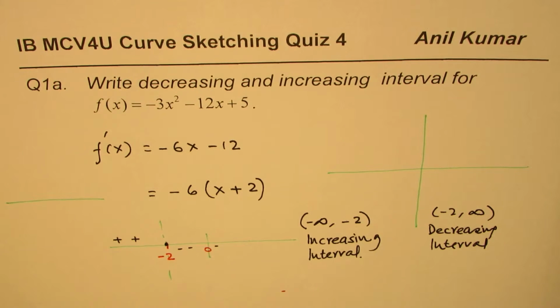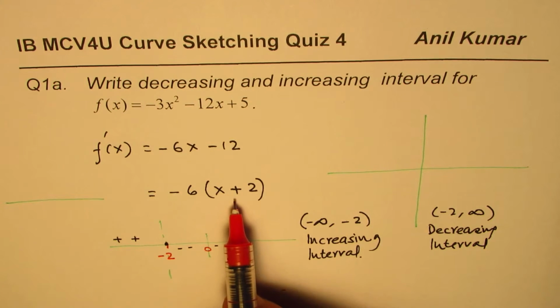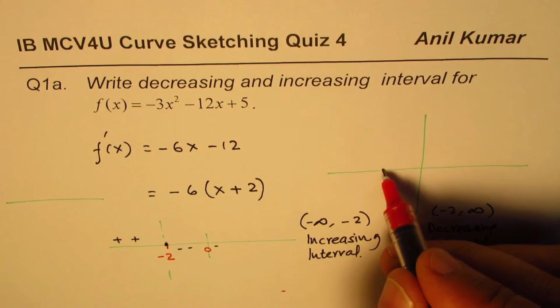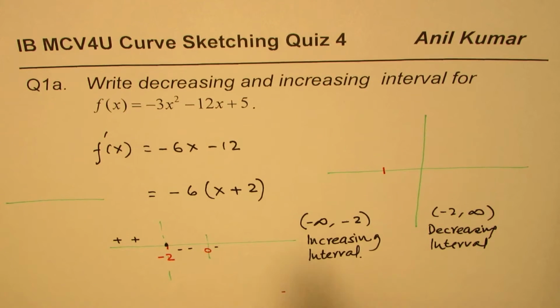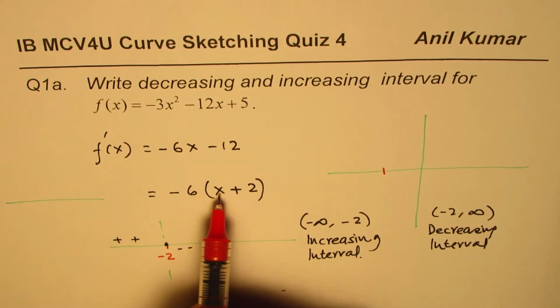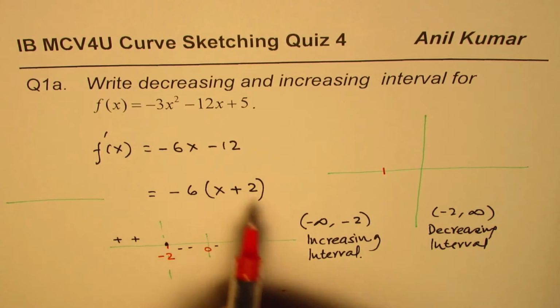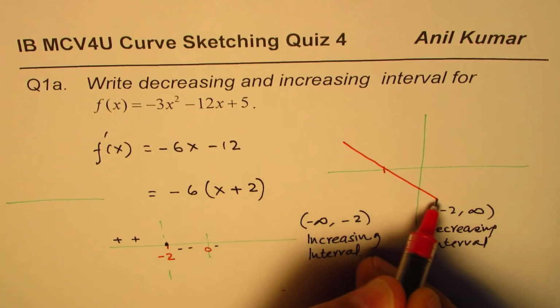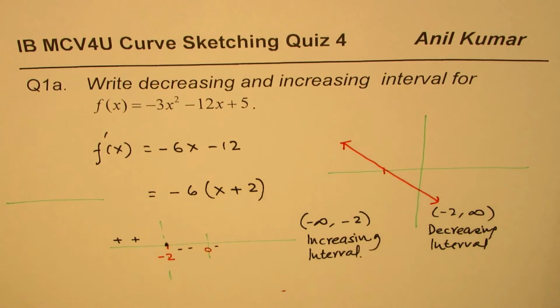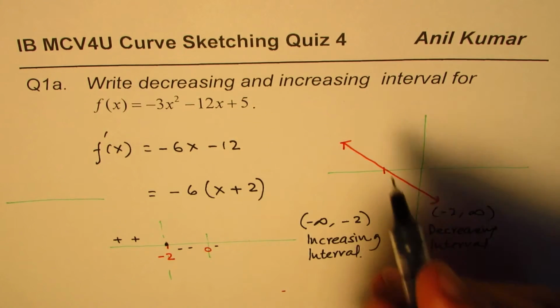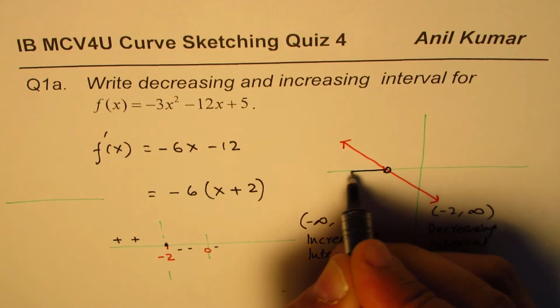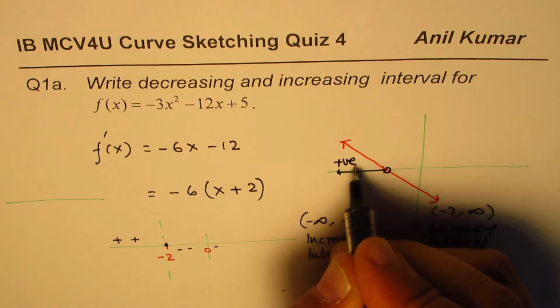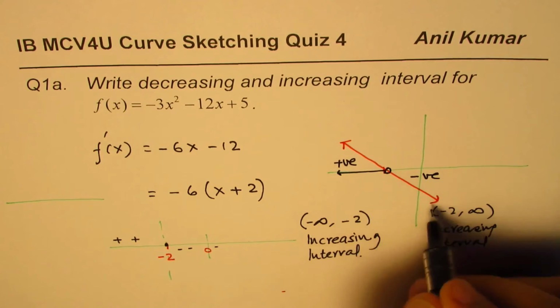Otherwise, you can also sketch this line. It has a zero at minus 2, and if I write x equals 0, then you get minus 12. So it's a line which is going like this. From here, you can see this part of the line on this side is positive, and here it is negative, correct?